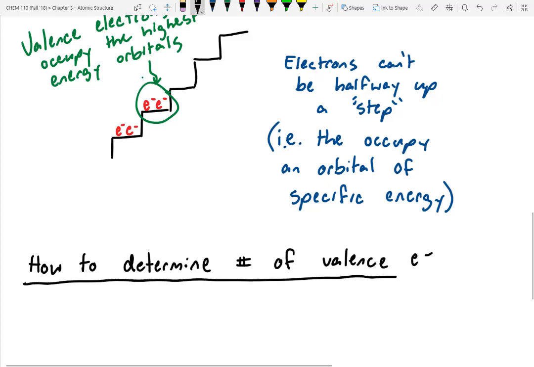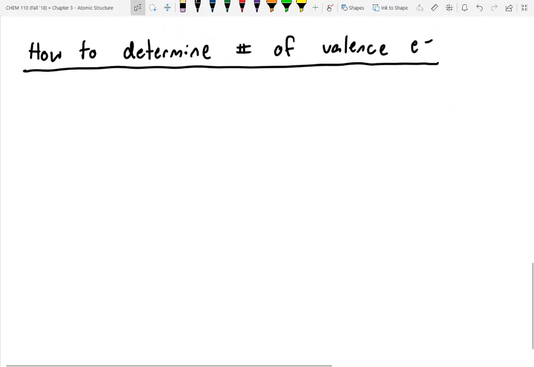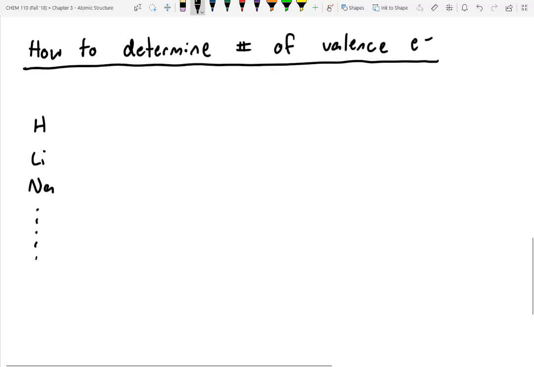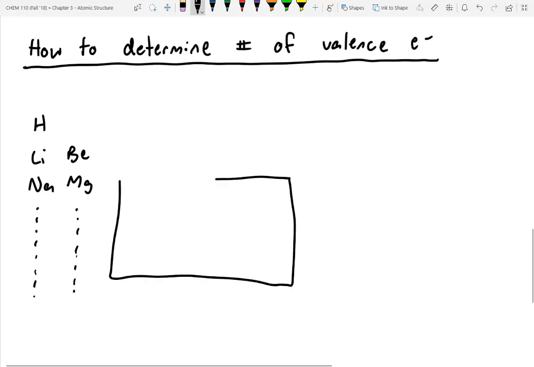Like I said, the inner shell or core electrons aren't really reactive. If you look at the periodic table, it depends on the table, but some of them have Roman numerals, some don't. Hydrogen's always on the left. And then you've got that first column. And then the next column over, you've got beryllium and magnesium. And that keeps on going down. And then you have this kind of box in the middle.